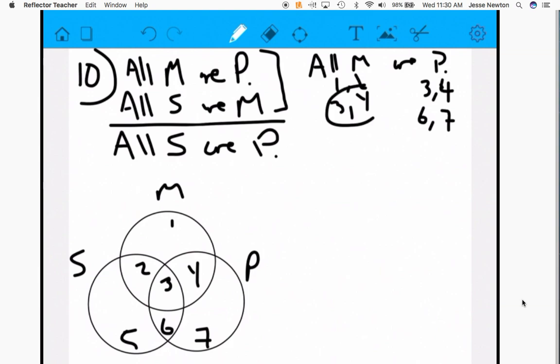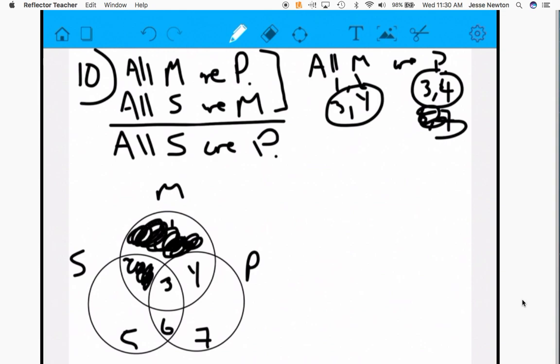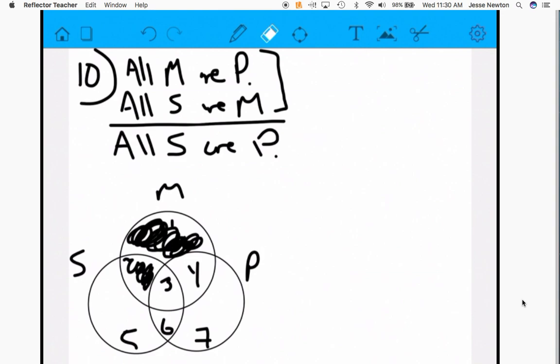They overlap. We circle that. And we're saying all are in 3 and 4. And we're using shade. And in order to show that everything's in 3 or 4, we're going to shade in 2 and shade in 1 because we're saying nothing is in that region. All right. Now we come to premise number 2.